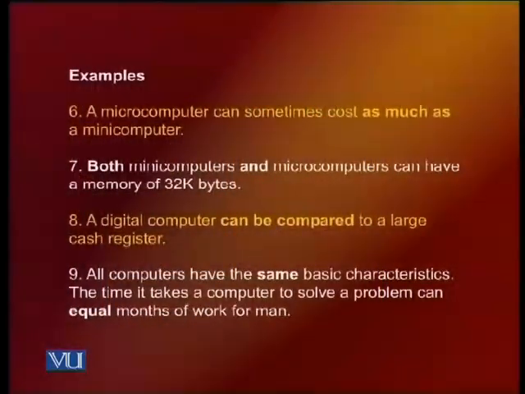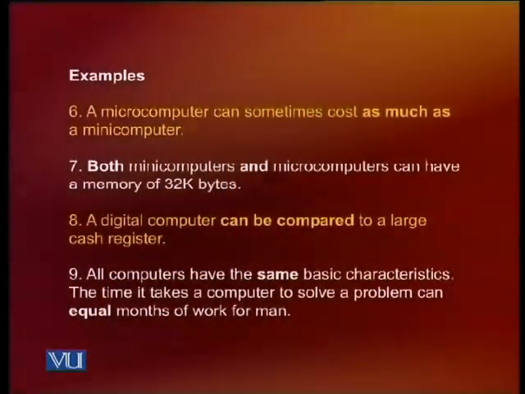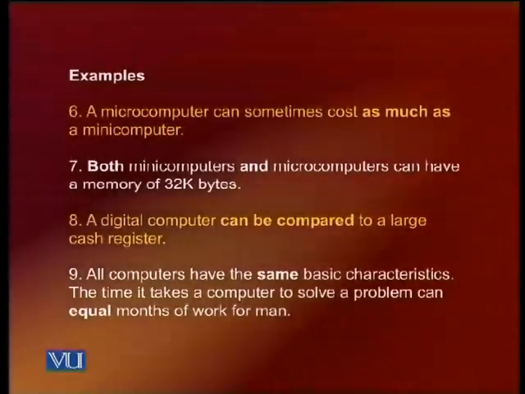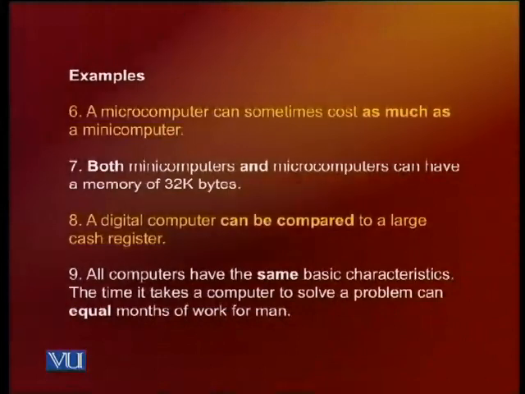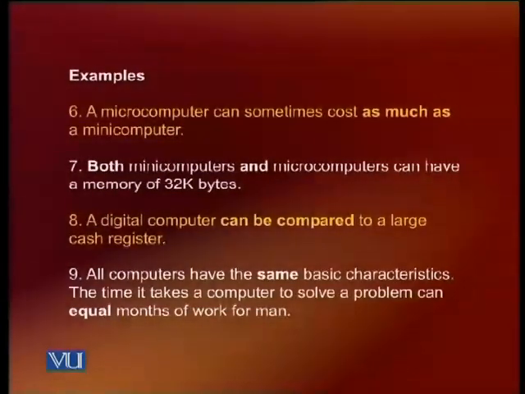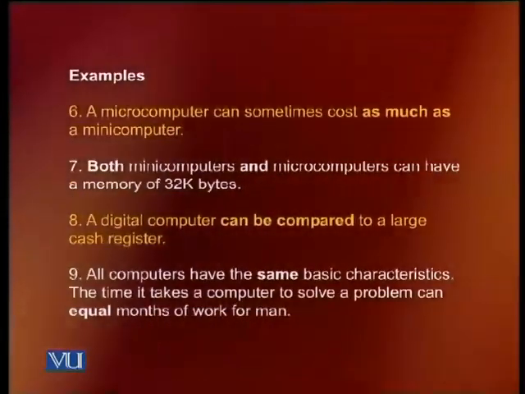Number 6, a microcomputer can sometimes cost as much as a minicomputer. Here the phrase is as much as. In number 7, it is both and. They show you equivalence. Number 8, can be compared to.